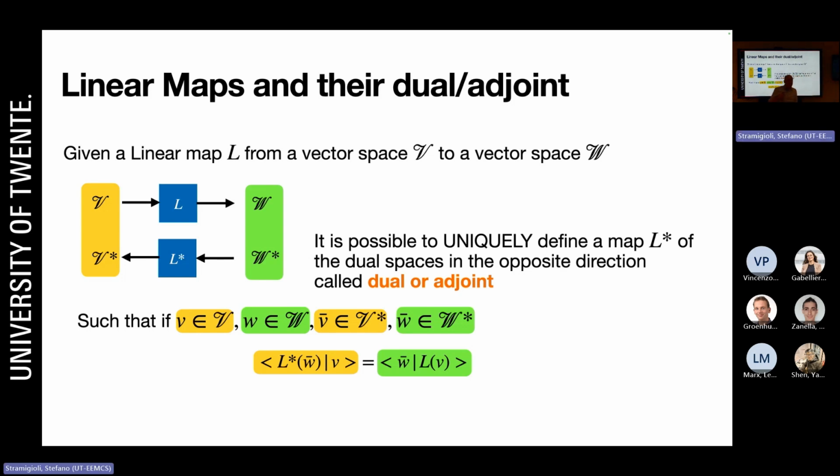There's a question online, from Paolo, about the Riesz representation. The Riesz representation is a theorem that basically tells you that if you have an inner product, which we don't have now, then you have a one-to-one relation between vectors and covectors.